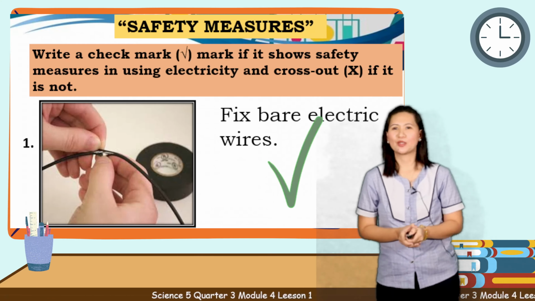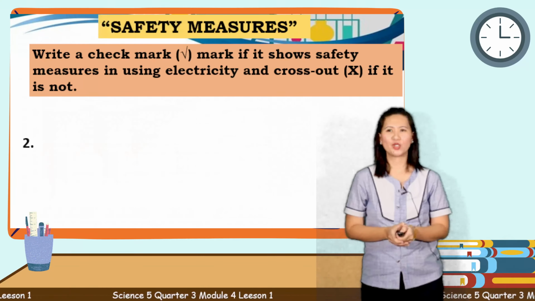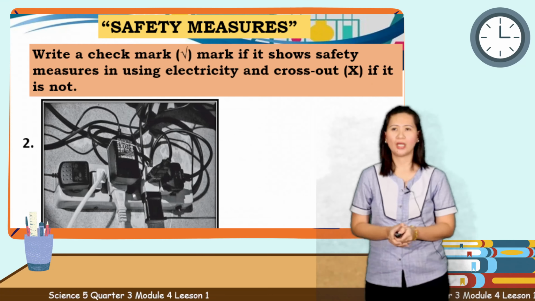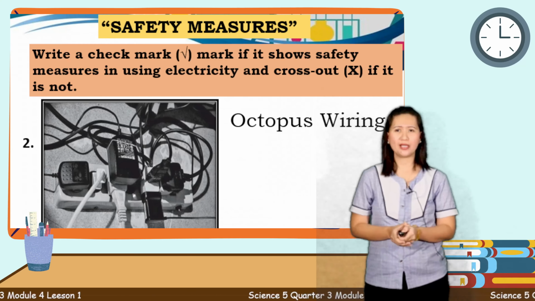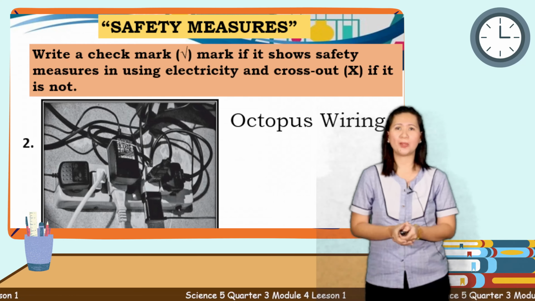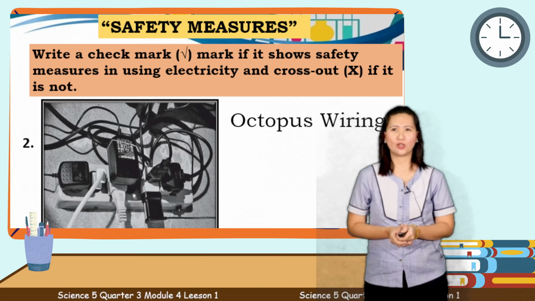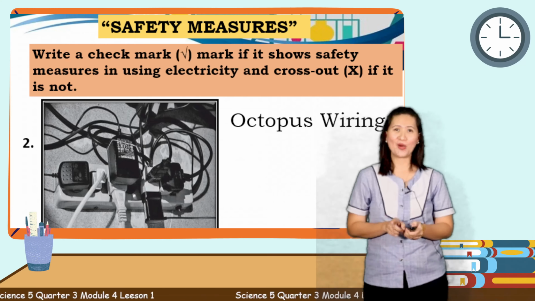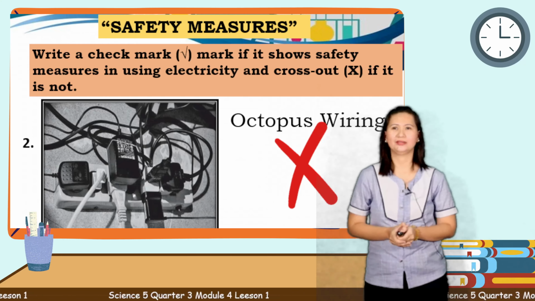Of course, it is right. Number 2. Octopus wiring, or many appliances plugged in only one outlet. Is it good? Is it right or wrong? It is wrong.